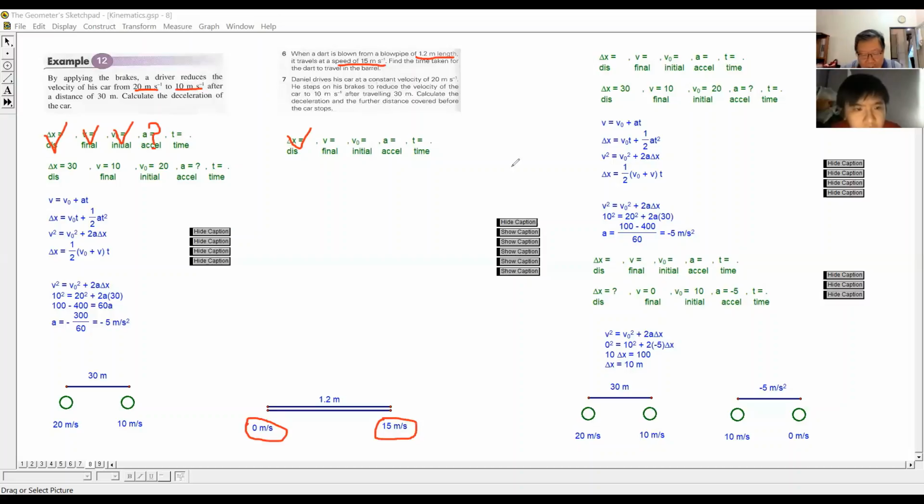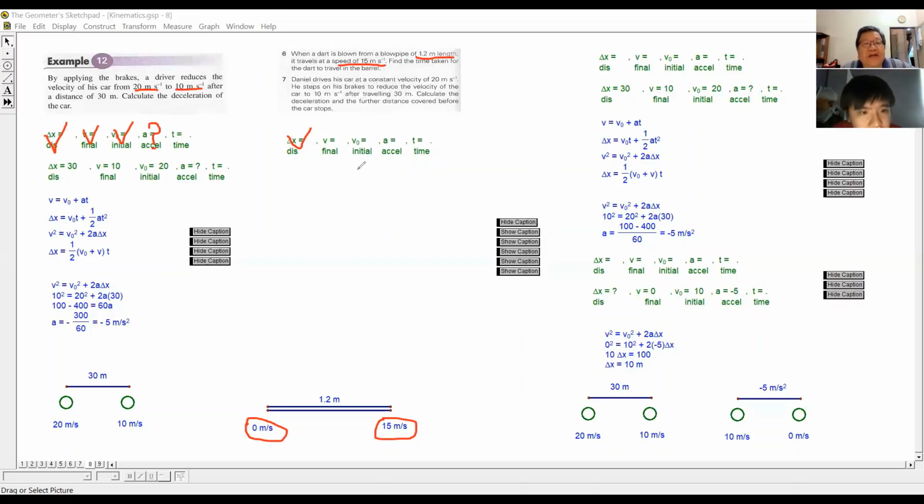We are looking at the dart when it is inside the barrel. Inside the barrel, the initial velocity is 0 because the dart is not moving until you give it a blow. Then it starts to move, and as it leaves the barrel, it is 15 meters per second. The length is 1.2 meter, so the displacement is 1.2.